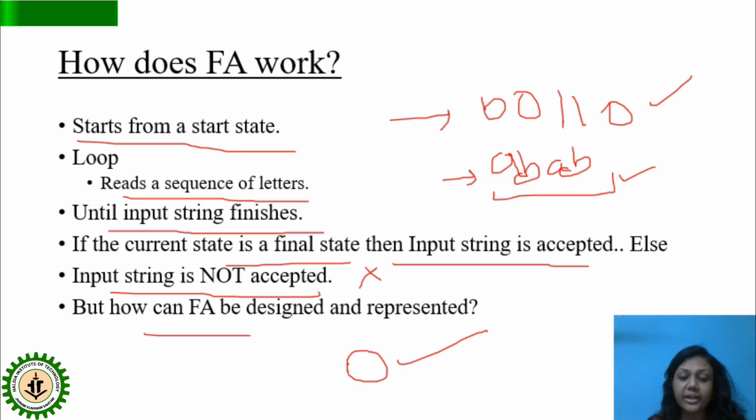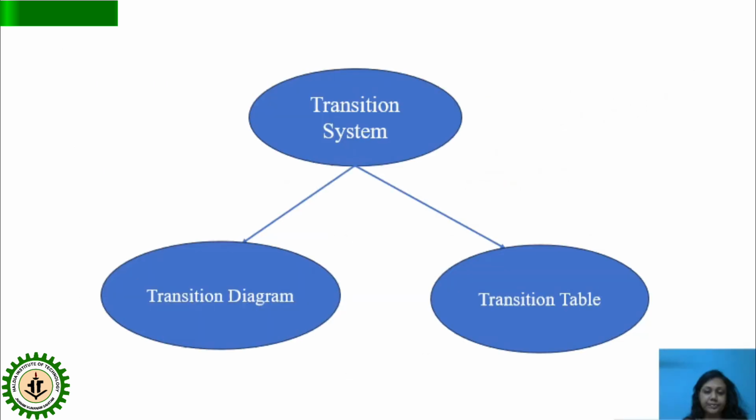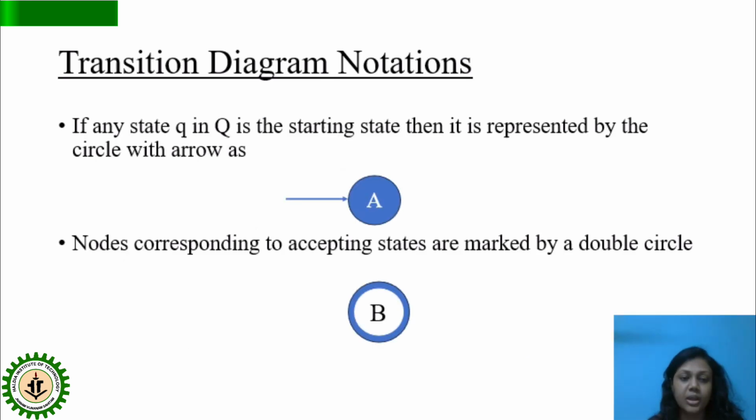But how can a finite automata be designed or represented? How can we show it? Now let's see. There are 2 ways to represent a finite automata. First is the transition diagram. Then we have the transition table. Now these are the transition diagram notations.